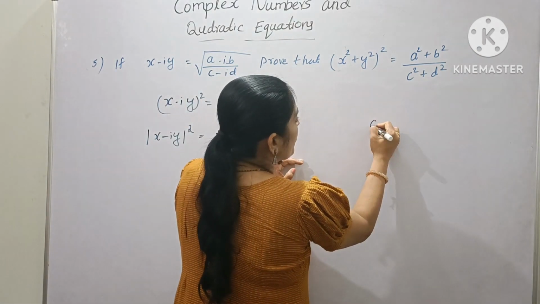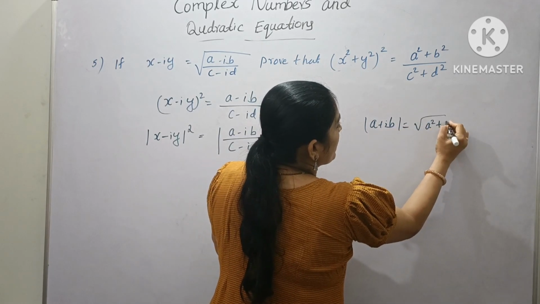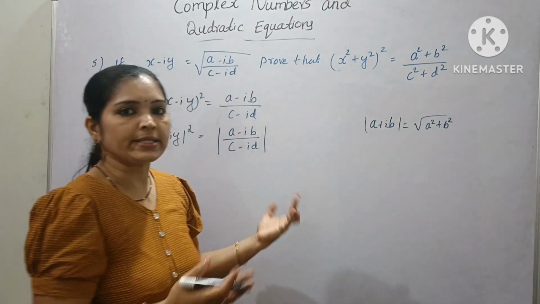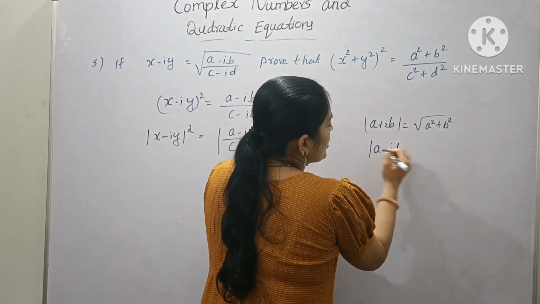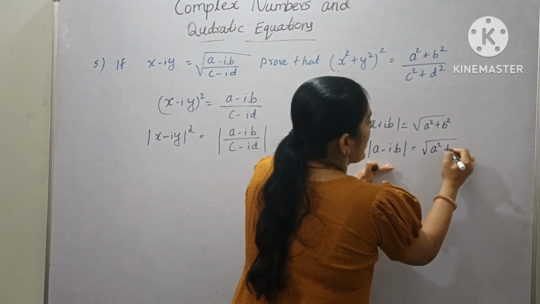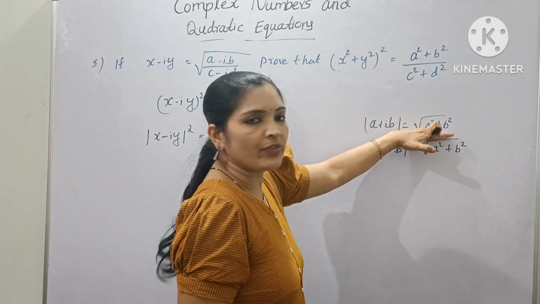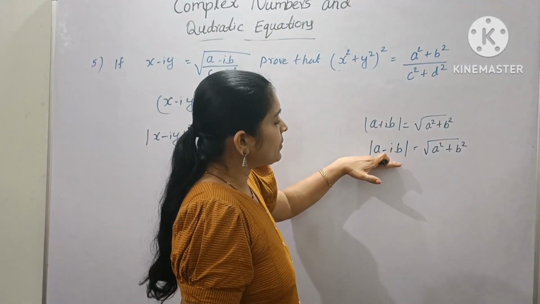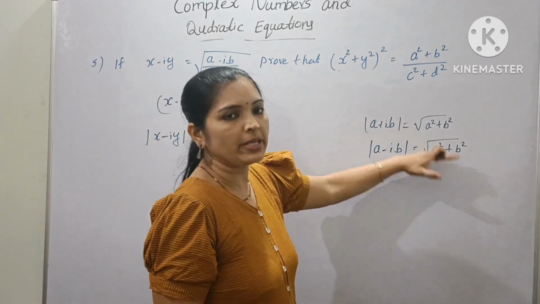We have studied that the modulus of a + ib is the square root of a² + b², that is nothing but distance. Same way, the modulus of a − ib is also the square root of a² + b². Here also the modulus of a − ib is the square root of a² + b².